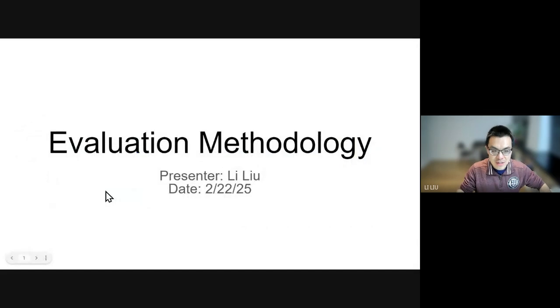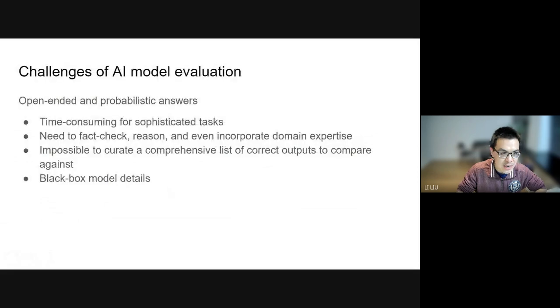So this chapter is around evaluation methodology. What is evaluation, and why is it so challenging to do model evaluation? The main reason, from the last chapter, is that the answers from foundation models are usually open-ended and probabilistic.